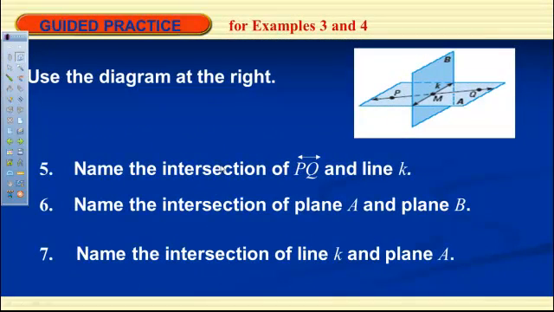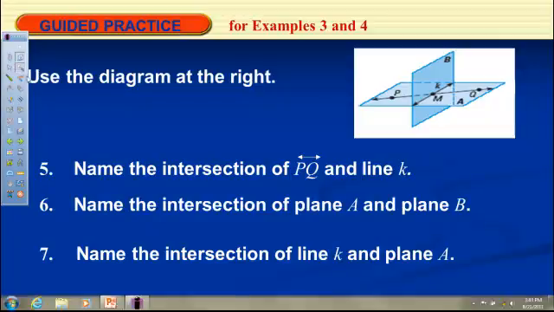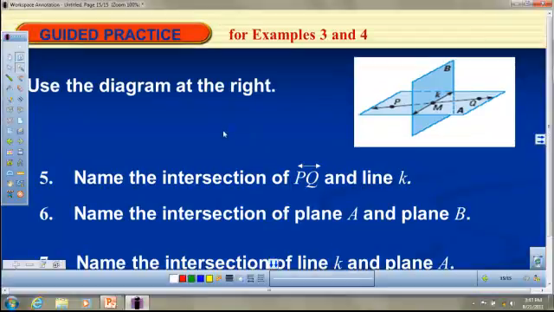It says name the intersection of PQ and line K. Alright, so here's line K, here's PQ. Looks like there's a point intersecting there, so the answer is M. Plane A and plane B, well, remember two planes intersect in a line, and that line is line K, so we can just put lowercase k.